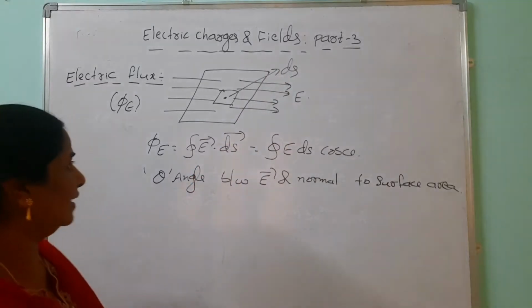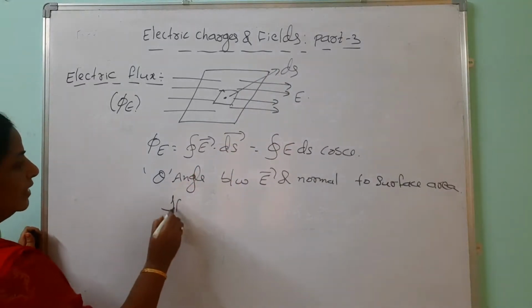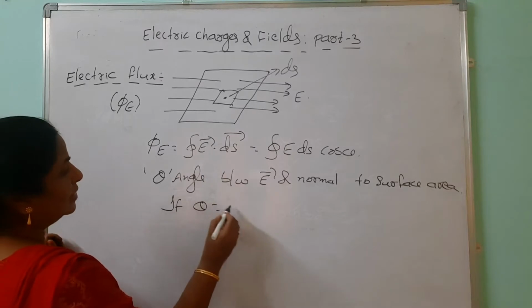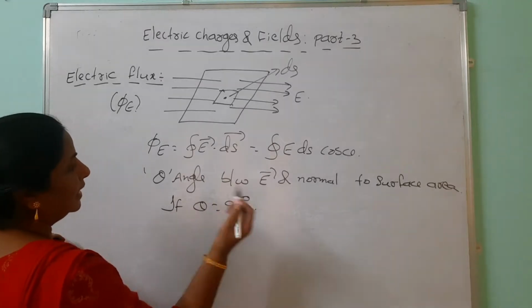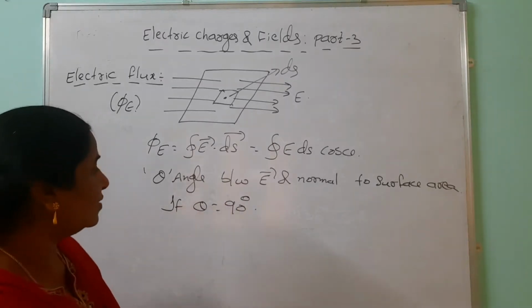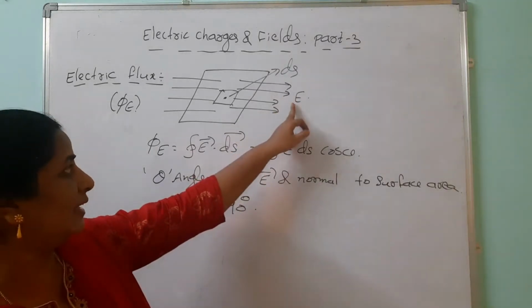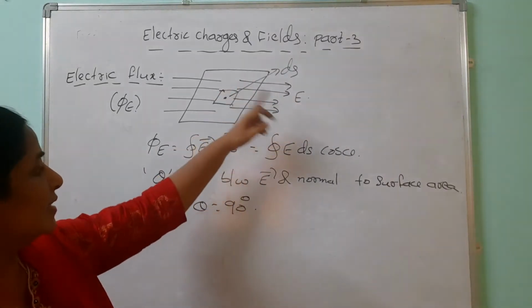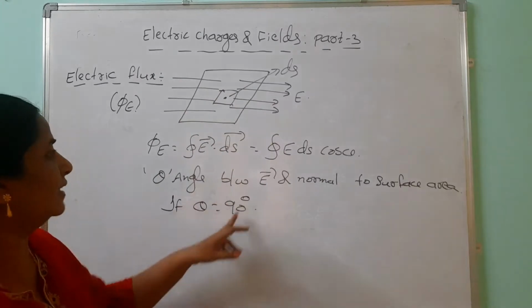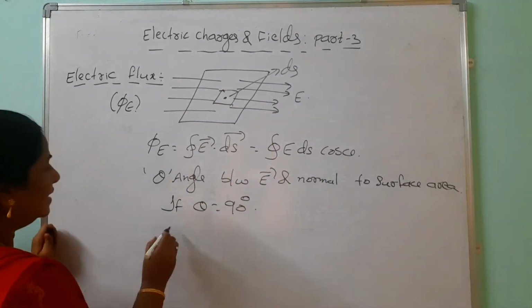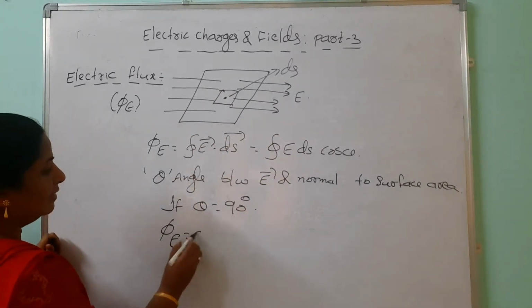That is the main thing here. Suppose theta equals 90 degrees. Then E and the normal to the surface are perpendicular to each other, and cos 90 is 0. So in this case electric flux equals 0.